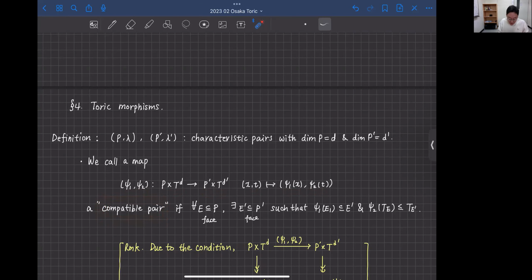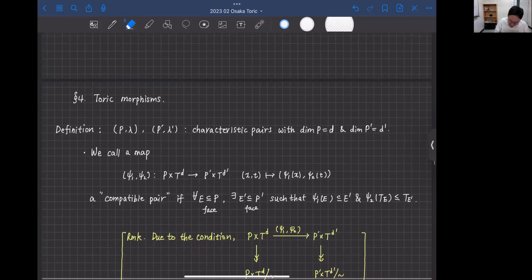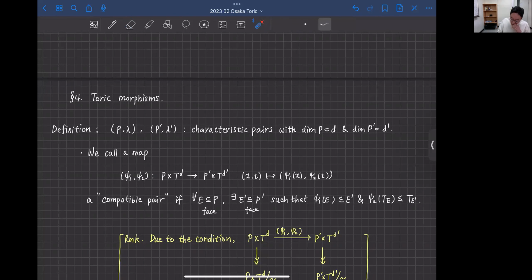The condition for phi1, which is the map from P to P', is that whenever you have a face E of P, there should be a face E' of P' such that its image is a subset of E'. Sorry, that was a typo. So whenever you have a face of the domain, its image under phi1 should be a subset of a certain face of P'.